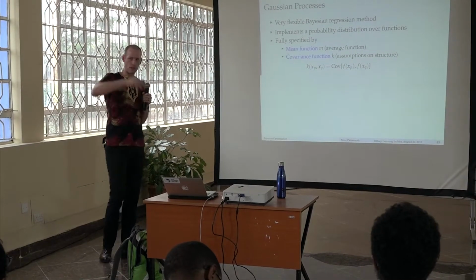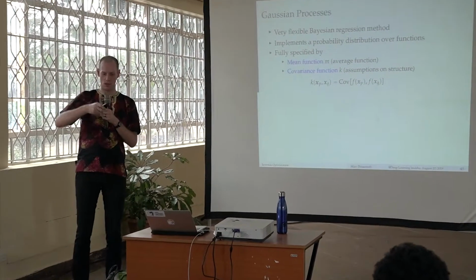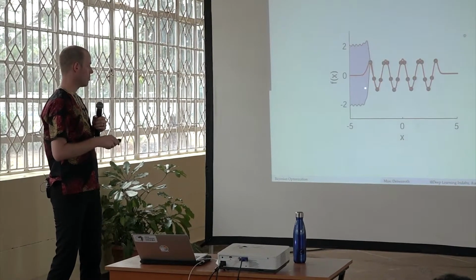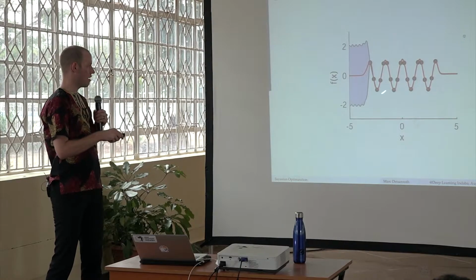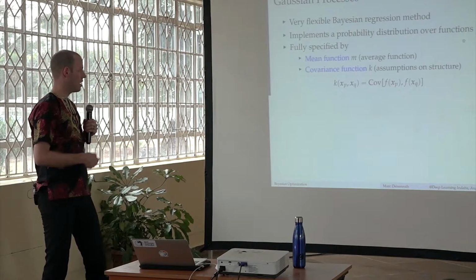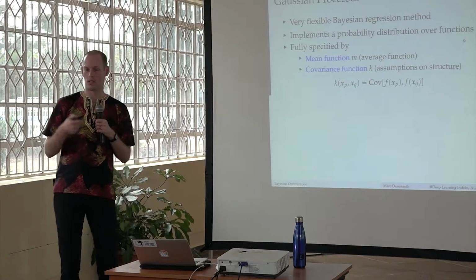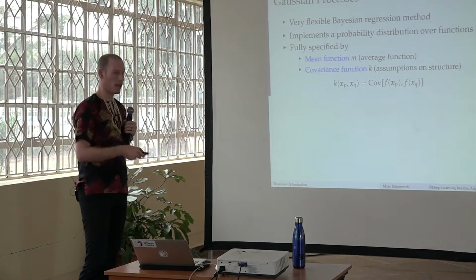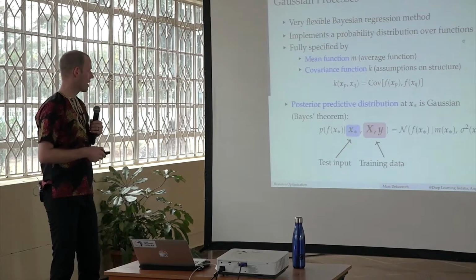The mean function is the average function under the distribution, which could correspond to, for example, this line here. And the covariance function allows us to encode high-level structural assumptions such as differentiability or periodicity on the class of functions that we want to model.